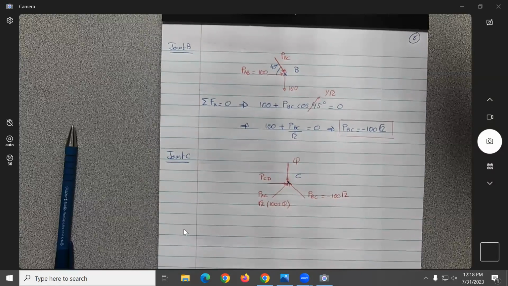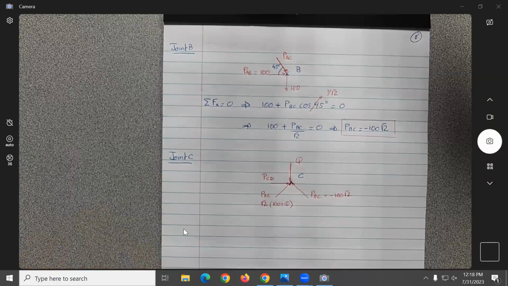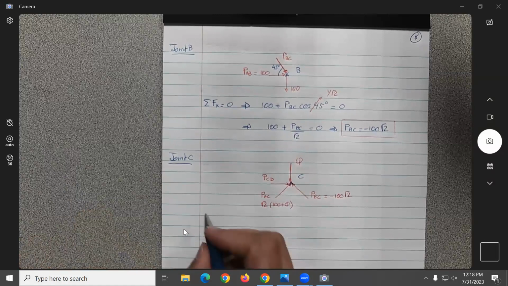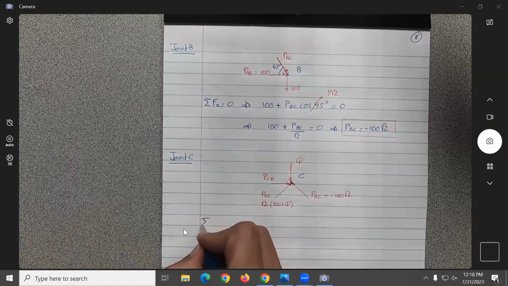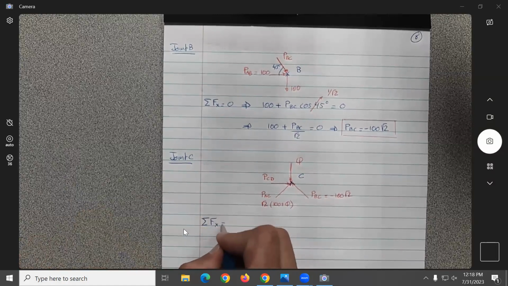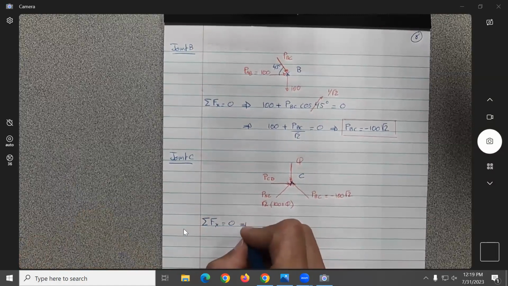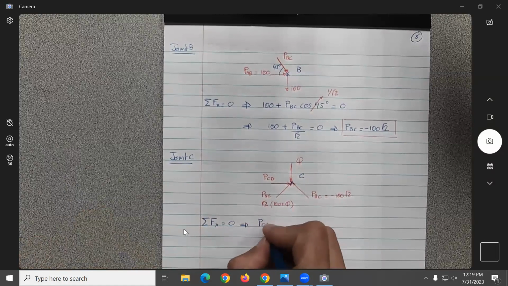Okay. So here what we need to find is PCD, no? So in order to find PCD, what can we do? We can do summation of forces on the X, which is going to give what? PCD.